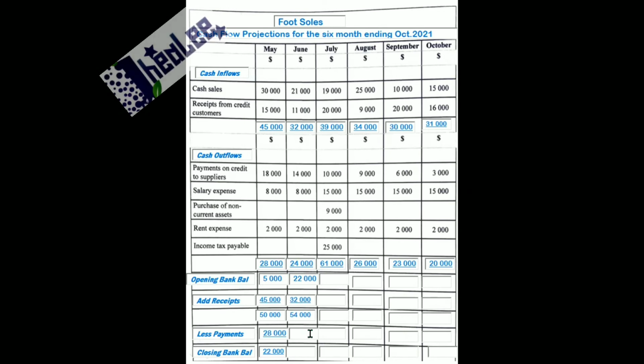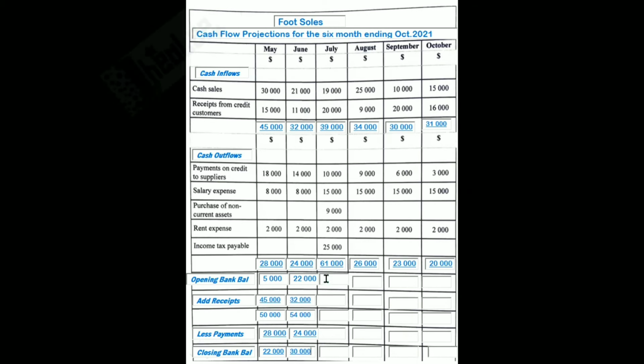From that, we less the payment of 24,000, which gives us a closing bank balance of $30,000. This 30,000 will become the opening bank balance for the next month, which is July.